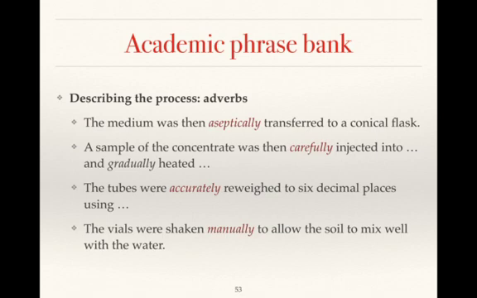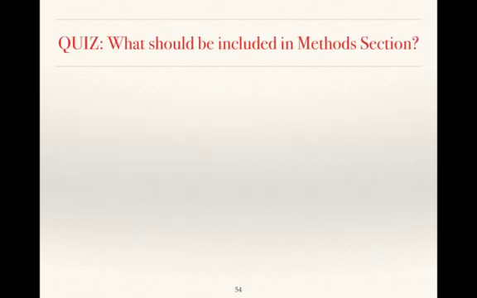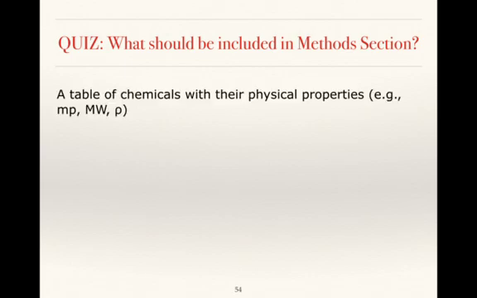Now, at this point, I'm going to show you a quiz. I want you to pause the video and take your time to answer the quiz that is in your Google Doc with a yes or a no before I show you the answers below. Let's do this. What should be included in the method section?